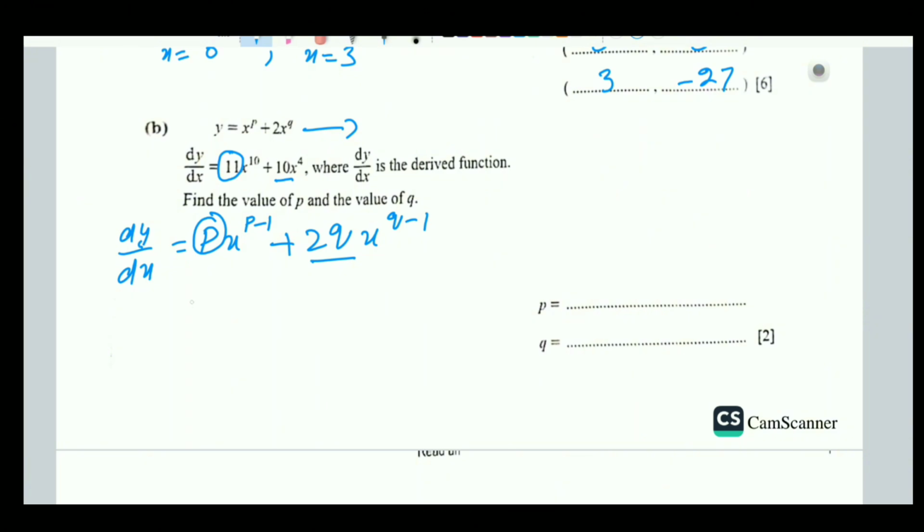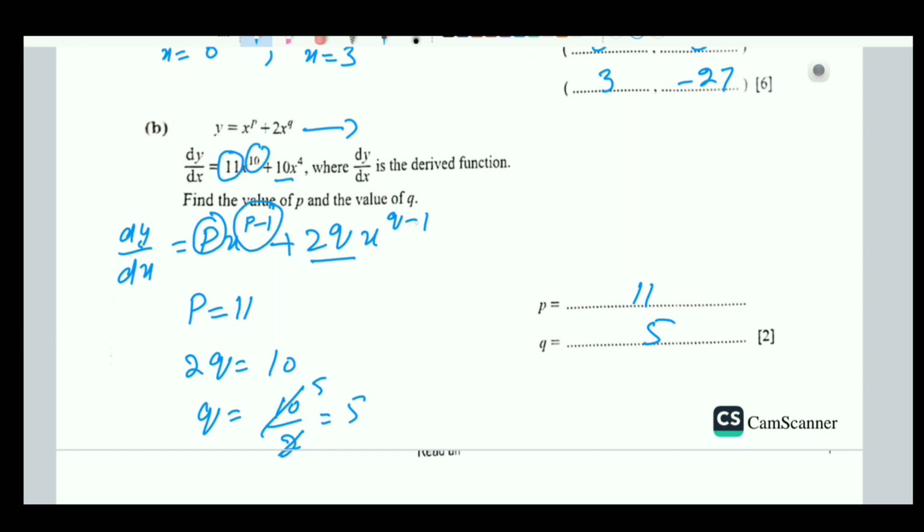So if p is equal to 11, and 2q is equal to 10, q is equal to 10 by 2, that is 5. So if you put 11 in place of p, 11 minus 1 will be 10, and if we put 5 in place of q, 5 minus 1 will be 4. So you can verify like that.